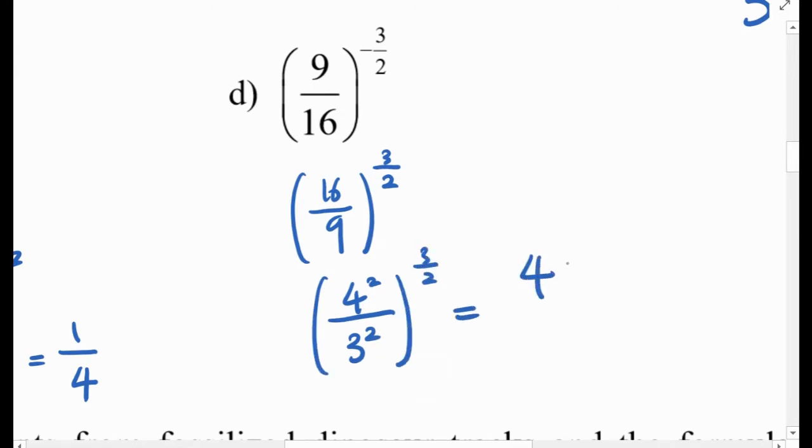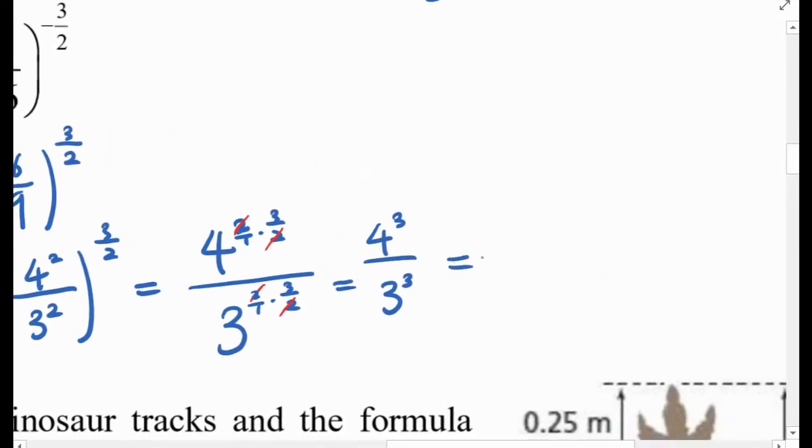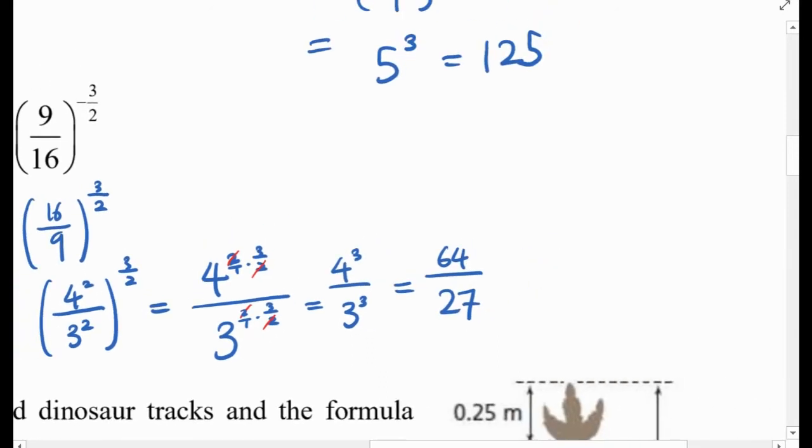So 4, 2 times 3 over 2. 2 over 1 times 3 over 2. 3, 2 over 1 times 3 over 2. And 4 cubed, 3 cubed. 4 cubed is 64, and 3 cubed is 27. So 64 over 27.